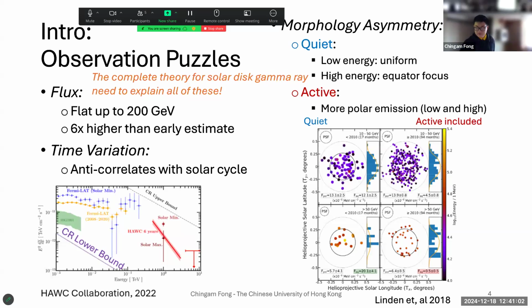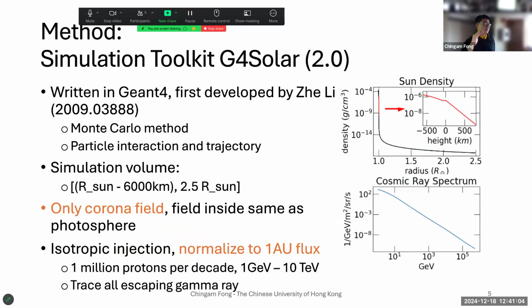So I take the top of the photosphere as 1 solar radius, and the simulation only goes to 6,000 kilometers below 1 solar radius, and that part I think covers the photosphere. Actually that's a little bit of overkill because most of the interaction I checked happens between the top of the photosphere and 1,000 kilometers below. Yeah, I think that answers your question.